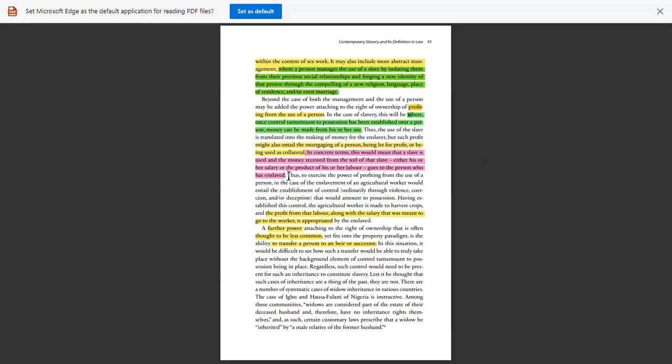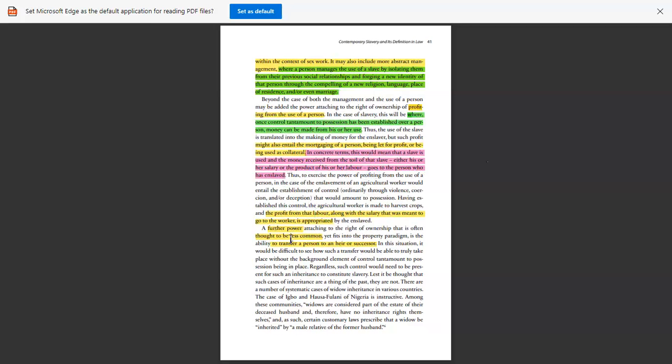It is an individual, it is a corporation, it is body and body's politic. So there are multiple meanings in the legal sense of what a person is. And if we use the legal definition of person here, it would certainly be applicable to state and government entities. So to get down further, the profit from that labor, along with the salary that was meant to go to the worker, is appropriated.